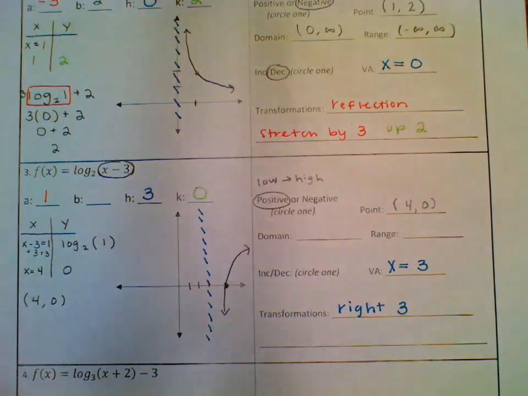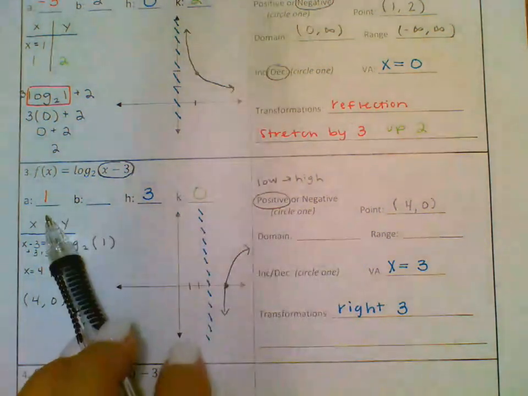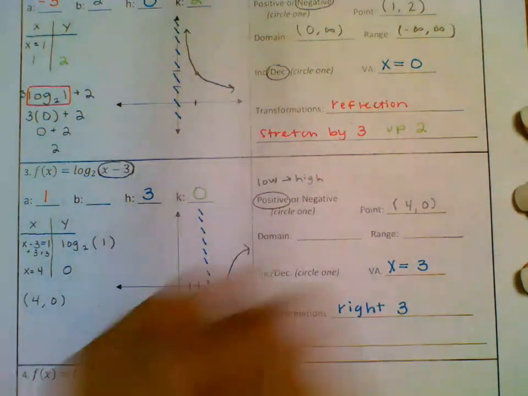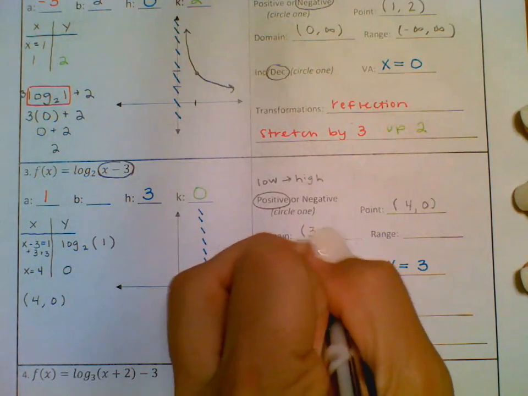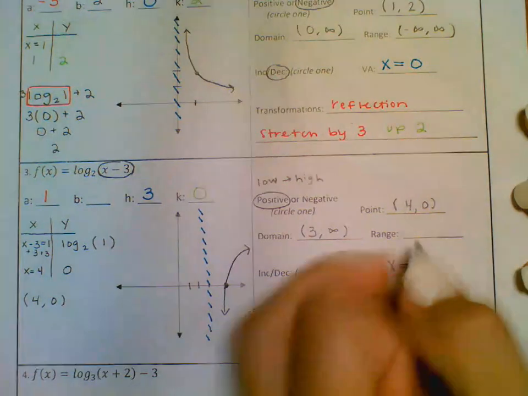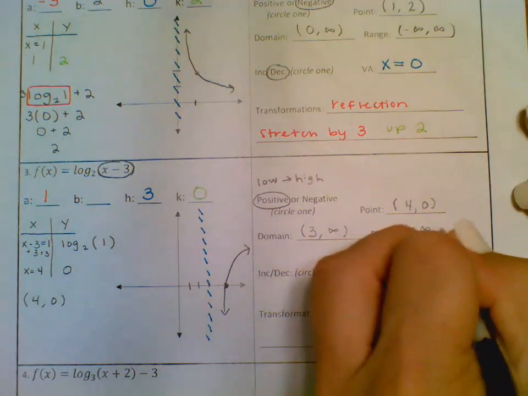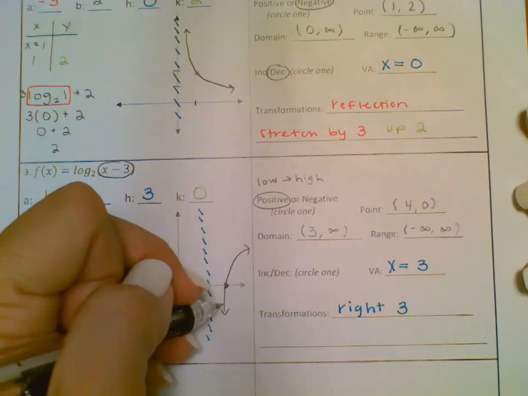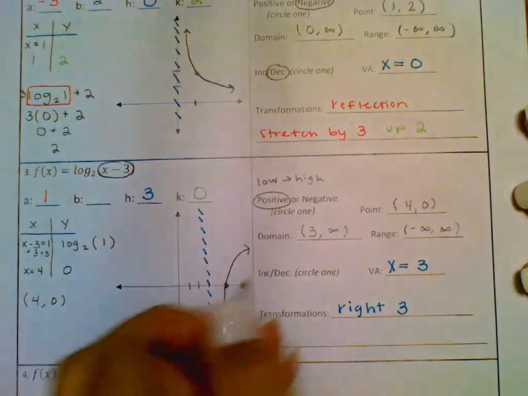If it was negative, you're ending going down. And I know it's positive because my A value is positive. Domain goes from 3 to infinity based on my vertical asymptote of 3. And then the range goes from negative infinity to infinity. And this graph, if I'm walking on this curve going from left to right, is increasing.